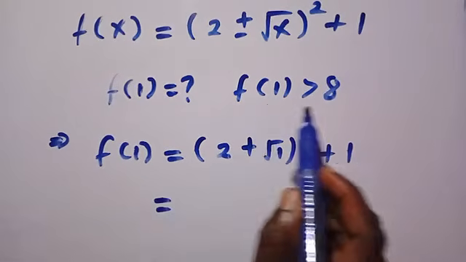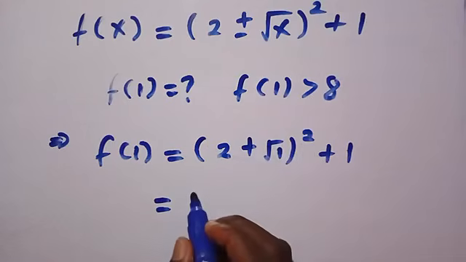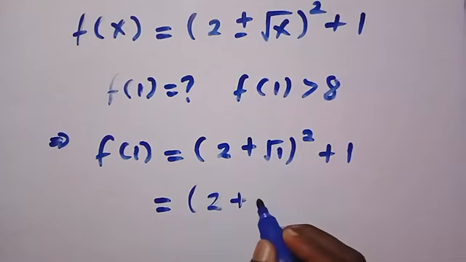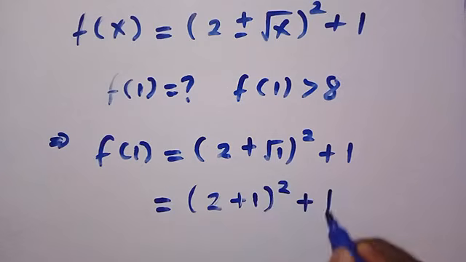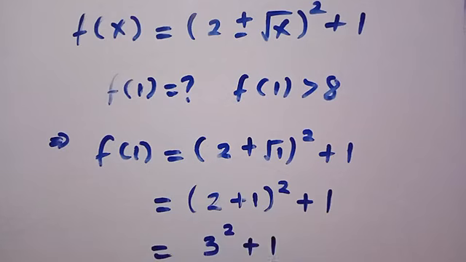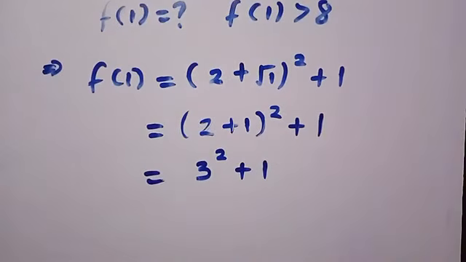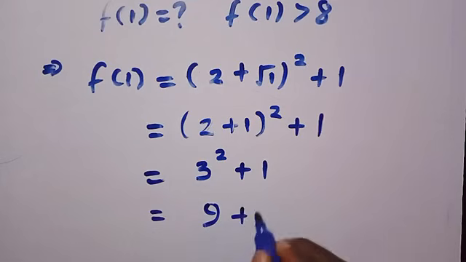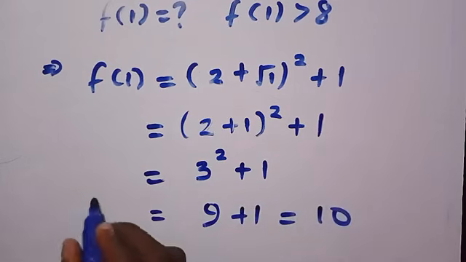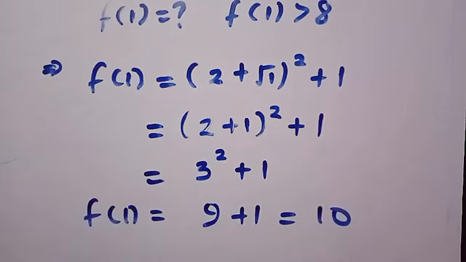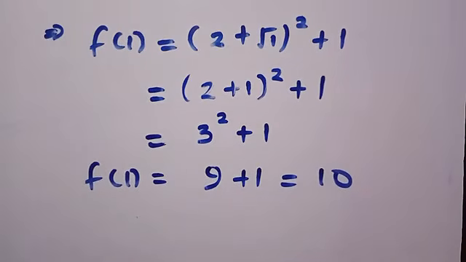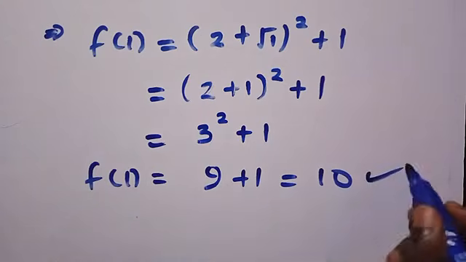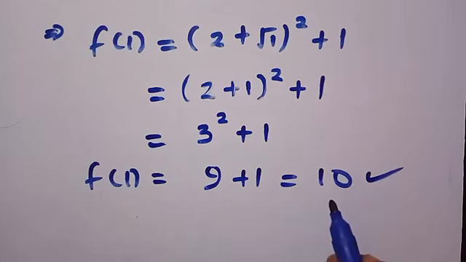According to the condition, we are expecting just one answer. Here we have 2 plus the square root of 1, that is 1, then all squared plus 1. 2 plus 1 gives us 3 squared plus 1, and 3 squared is 9, plus 1 equals 10. So f of 1 here is giving us 10, and according to the question asked, this is true because f of 1 is greater than 8.